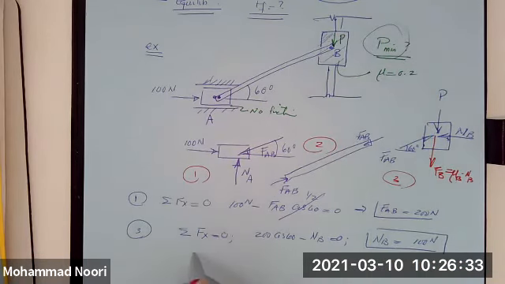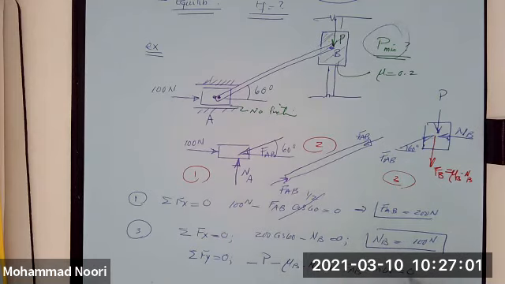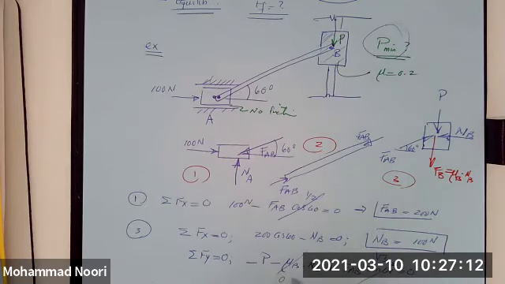Now I write summation of forces along y equal to 0. And that way I can find P. How? Just write negative P, negative F sub B, which is mu B times NB, plus F AB sine of 60 is equal to 0. Sine of 60 is square root of 3 over 2. This one is 0.2.